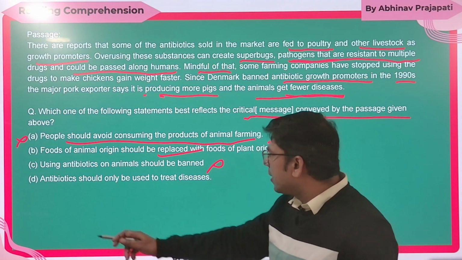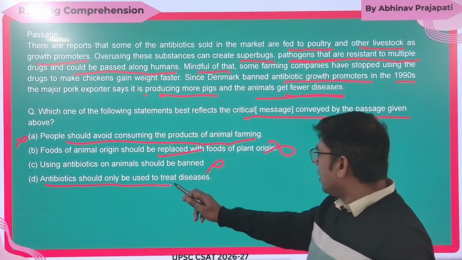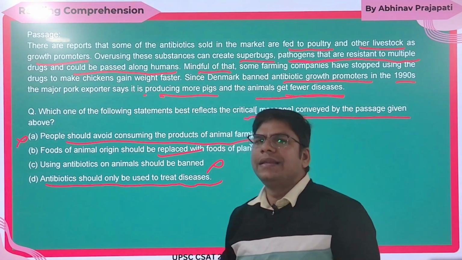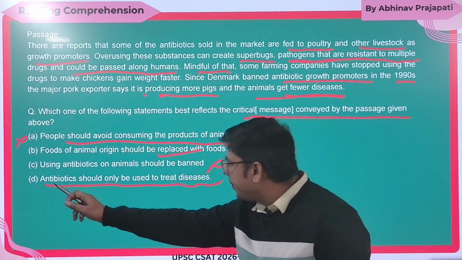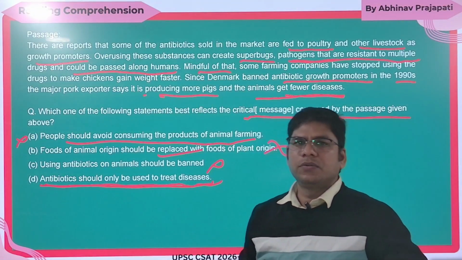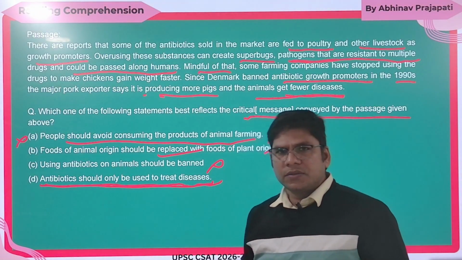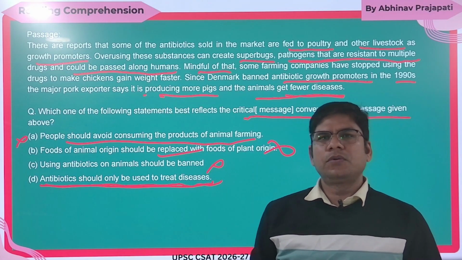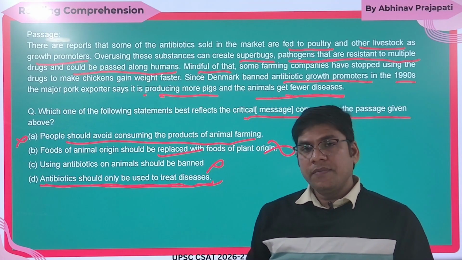Antibiotics should only be used to treat disease. Now here the word is "only", but if you deduce the meaning of this passage, this is what the author wants to convey to the reader. Antibiotics shouldn't be banned. Antibiotics should be used, but for what purpose?